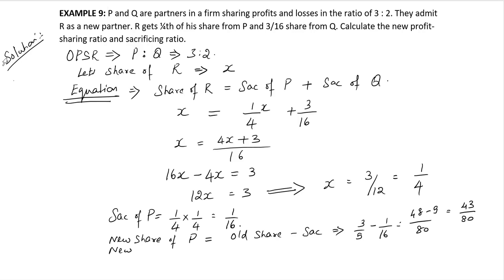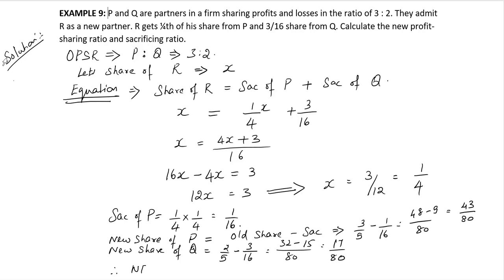The new share of Q is old share of Q, 2/5, minus the sacrifice of Q, which is 3/16, which is equal to 17 divided by 80.